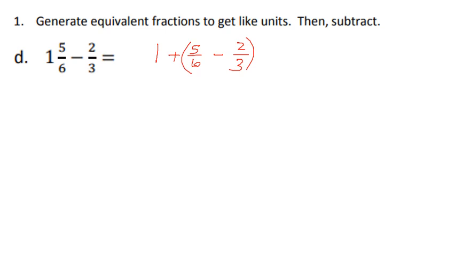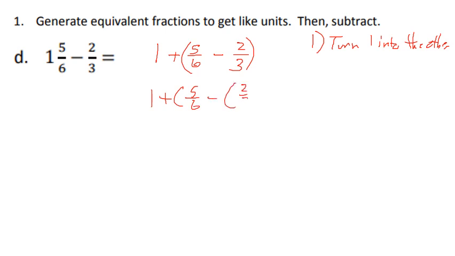Now going back to our number 1, turn one into the other. We can see we can take 3 into 6. So I know I've got 5/6 minus, and here I've got 2/3, and I have to multiply that by 2 over 2 to get 6.